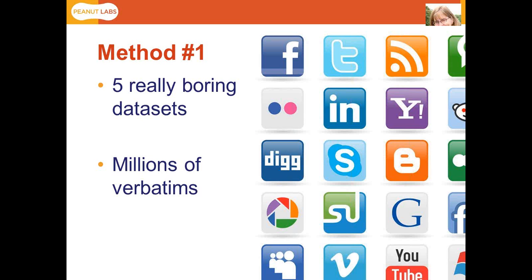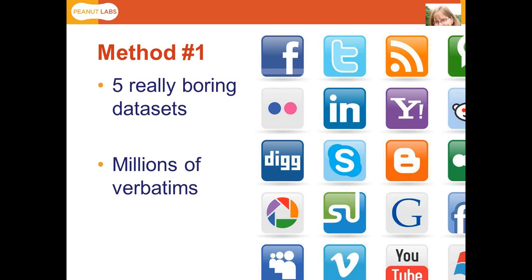So here's the study we did. We created 5 really boring, really huge data sets from social media data. Instead of collecting data on a brand like Nike, traditionally a guy's brand, or KitchenAid, traditionally a girl's brand, we collected social media data based on unbranded, generic, grammatical words.